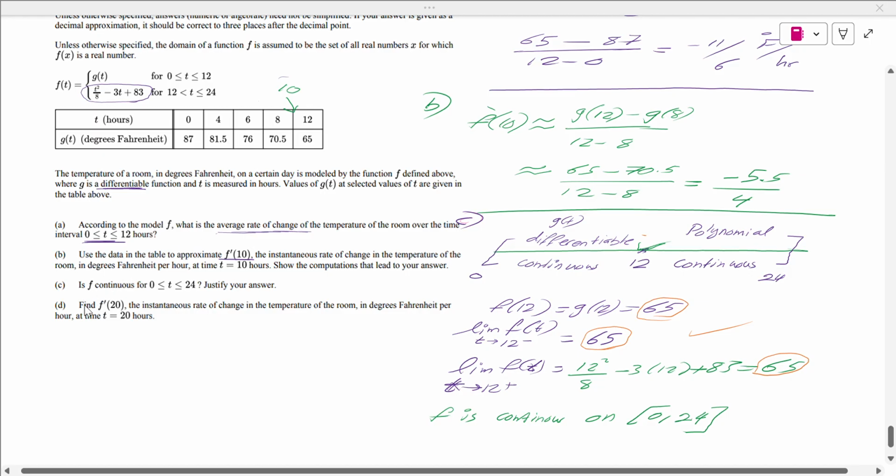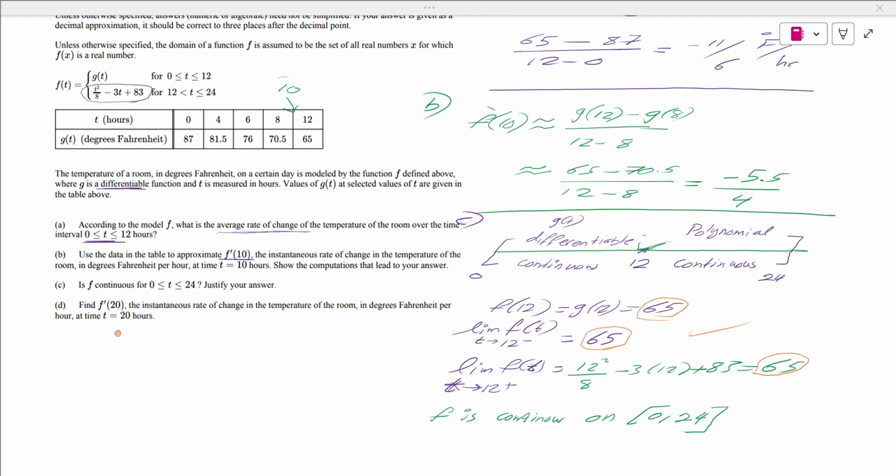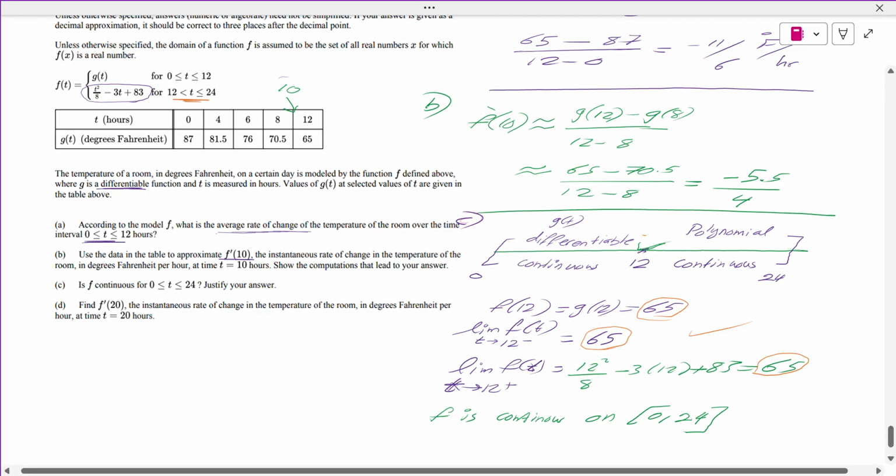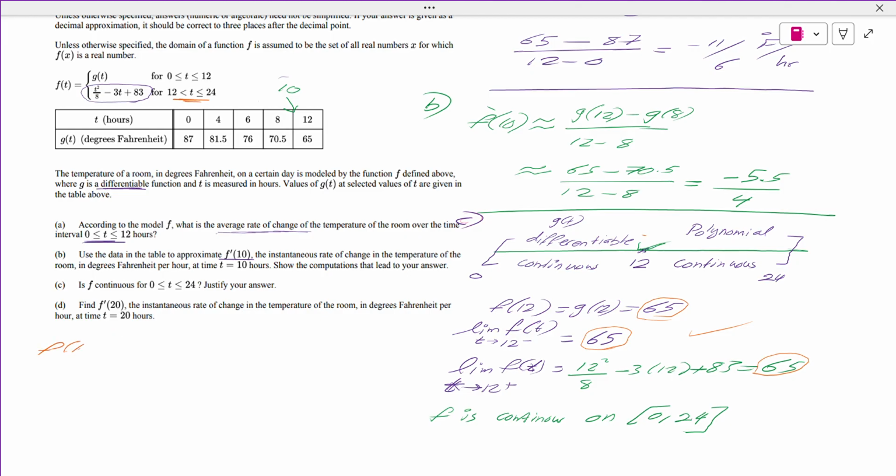For part D, it says find f prime of 20, the instantaneous rate of change in temperature of the room in degrees Fahrenheit per hour at t equals 20. Well, 20 lies in the interval from 12 to 24. So we have f of t, which is t squared over 8 minus 3t plus 83. So f prime of t will be 2t over 8 minus 3.